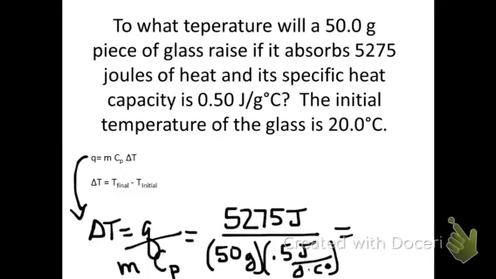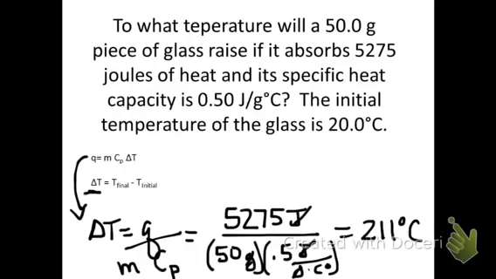And let me get my calculator. When we do the math, I get a change in temperature. Joules cancels out, grams cancel out. So I get a change in temperature of 211 degrees Celsius.